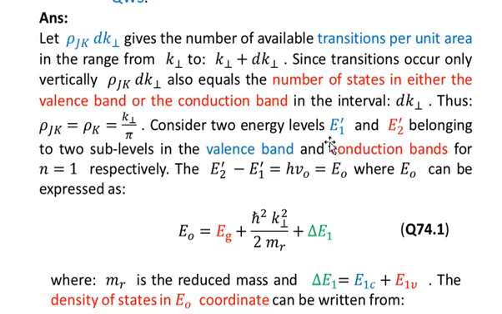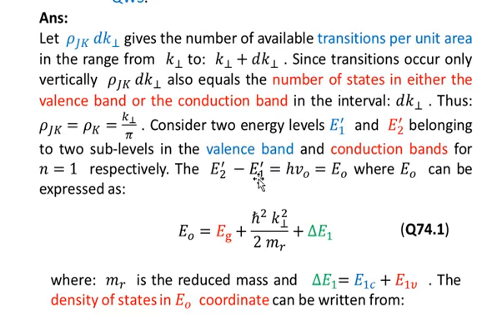E1 prime is the energy of a state in the valence sub-band, and E2 prime is the energy of a state in the conduction sub-band, and the band that we are talking about is the n is equal to 1 sub-levels of the valence band and of the conduction band. For the valence band we are associating an energy E1 prime to the n is equal to 1 sub-band, and we are associating an energy E2 prime to the state in the sub-levels of the conduction band.